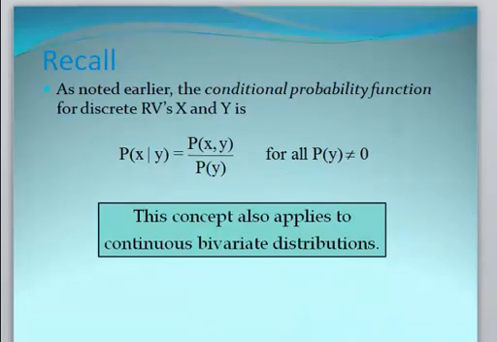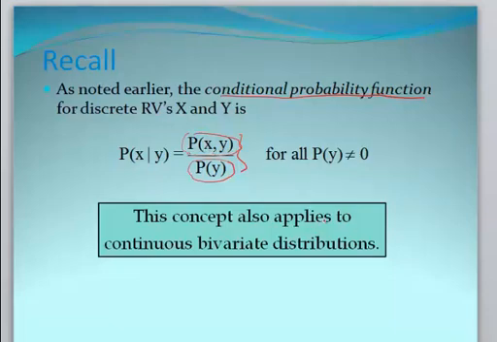Now, if you'll recall, the conditional probability function said that given a particular value of y, the probability of finding some x can be calculated using this equation. Remember, it's sort of like saying this in our denominator is the whole world, and we're trying to calculate the probability of some set value of x and y.